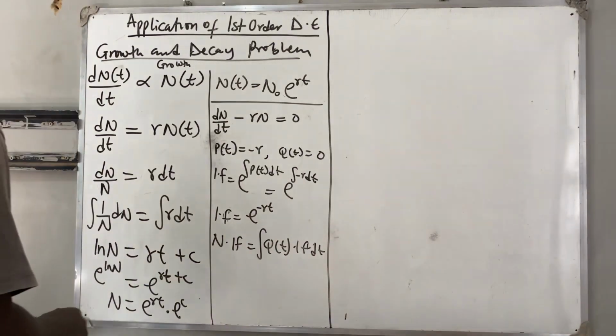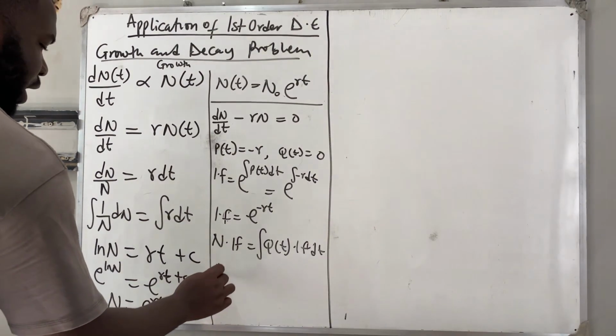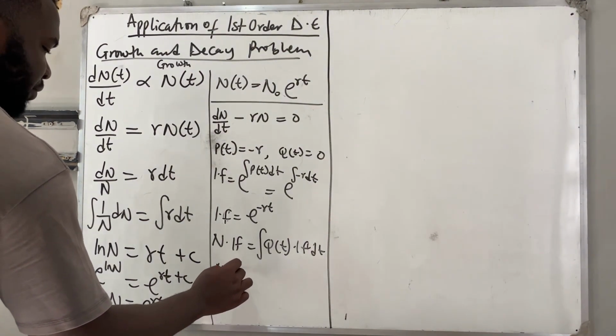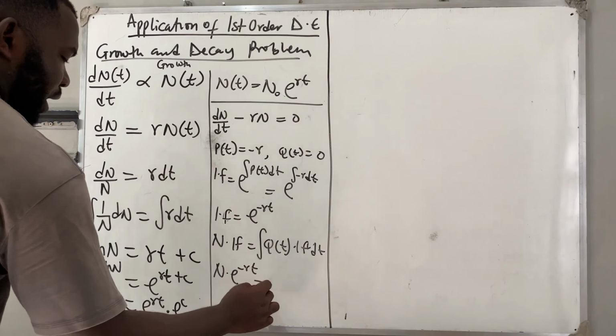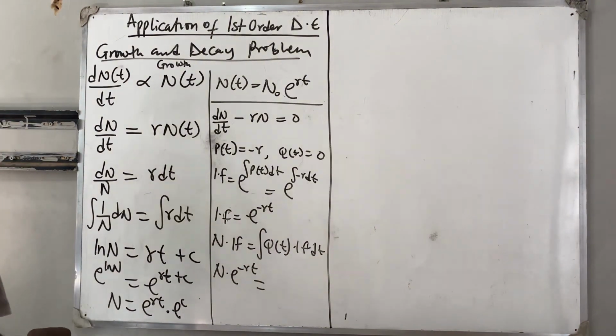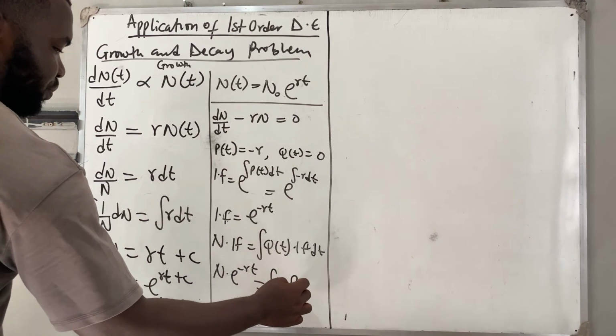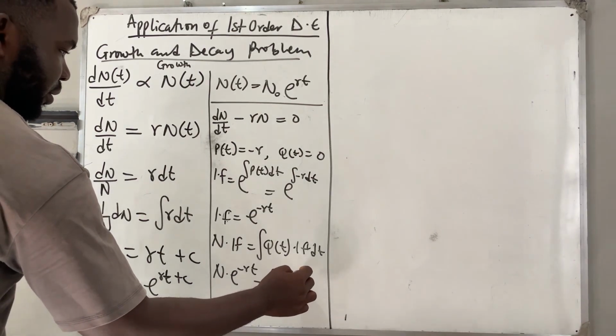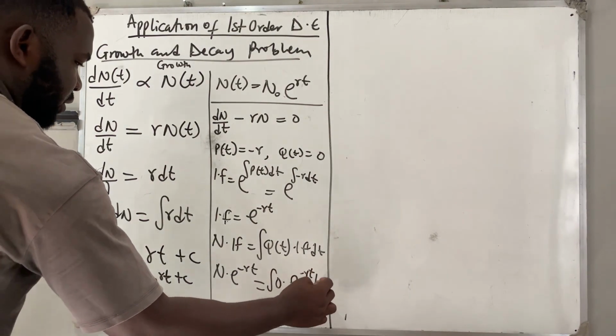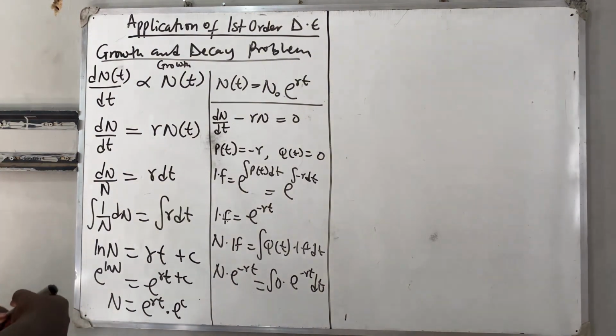So any method you like will give you the same solution. N multiplied by exponential minus rt will be equal to the integral of 0 multiplied by exponential minus rt dt. The integration of 0 gives just a constant.